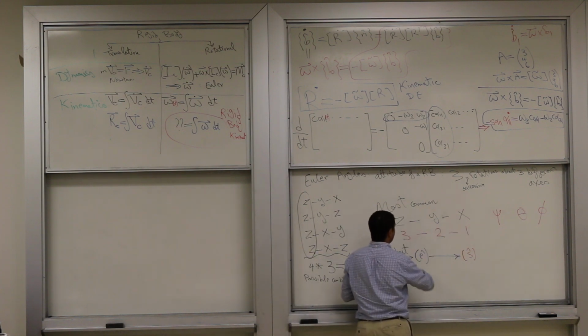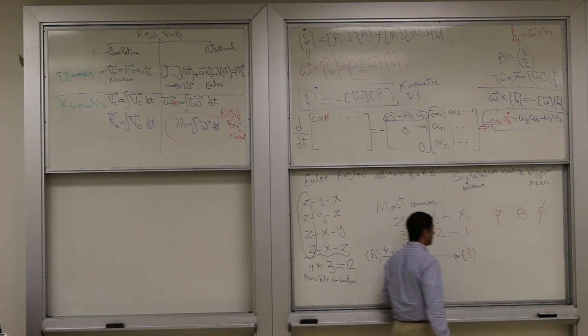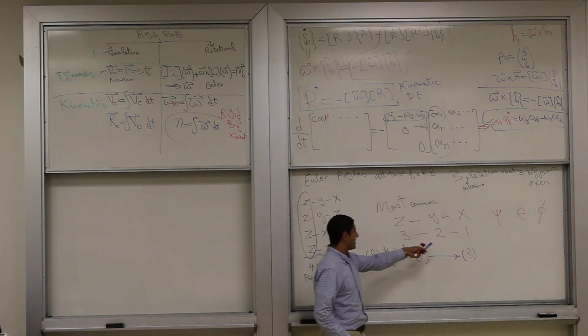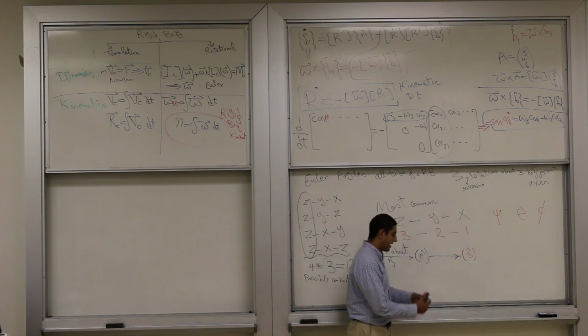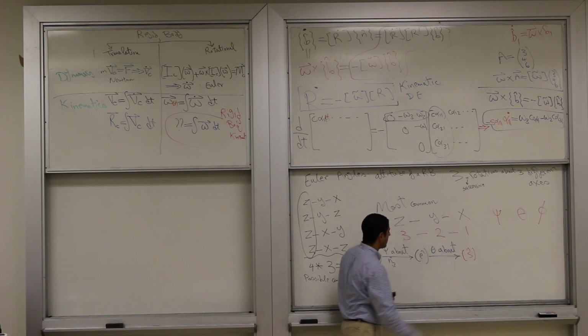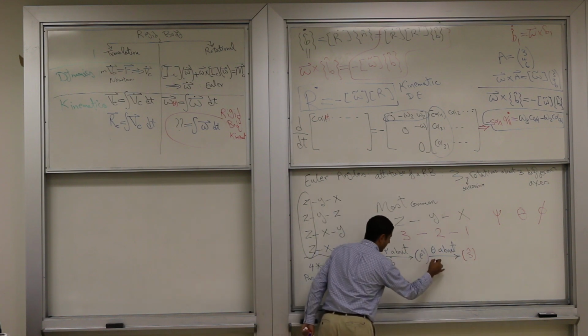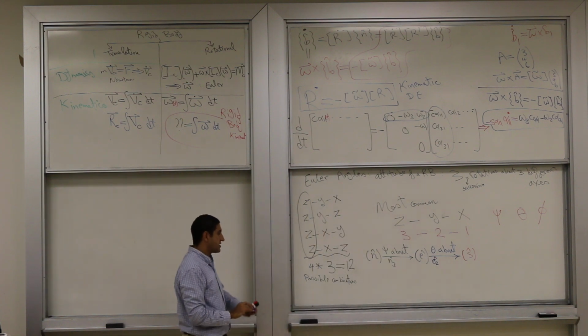The 3, 2, 1, or the ZYX, or the yaw, pitch, roll. So we're doing this now. I'm doing the second rotation, which is a rotation by an angle theta about the second axis, or the y-axis. The second axis is the E2 axis. Okay? Please keep track. This is very important.